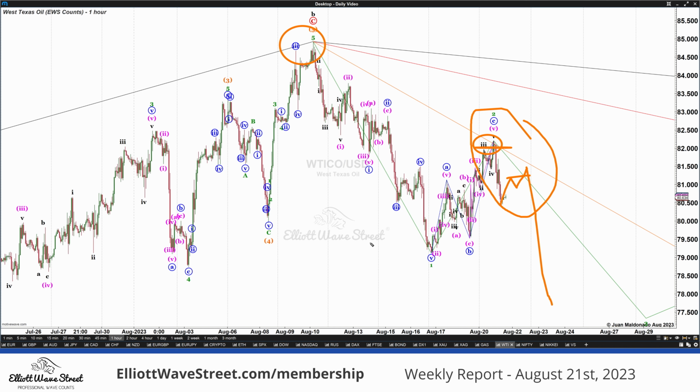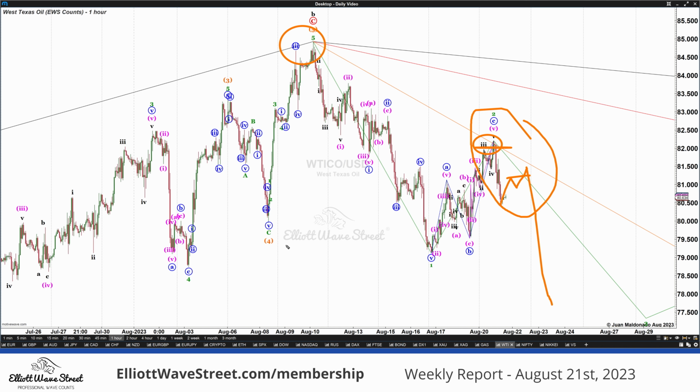This is a process that you need to practice, that you need to learn how to use the Elliott Wave Theory in the proper way, in the right way, because most traders are applying the rules and the guidelines, but at the end they don't know how to transform all that information into profitable ideas. So that's the process on Elliott Wave Street.